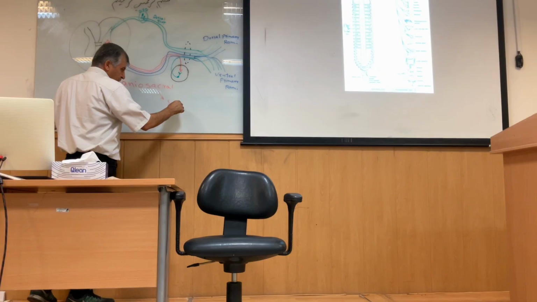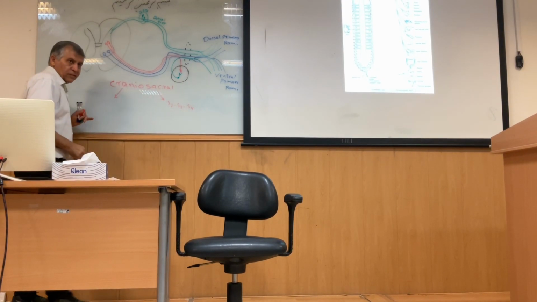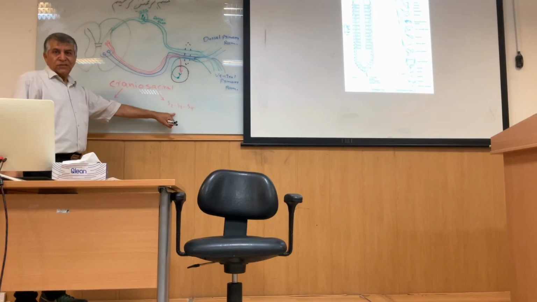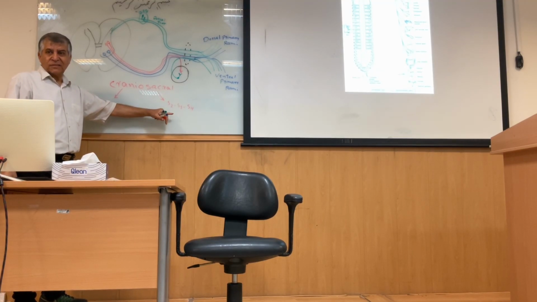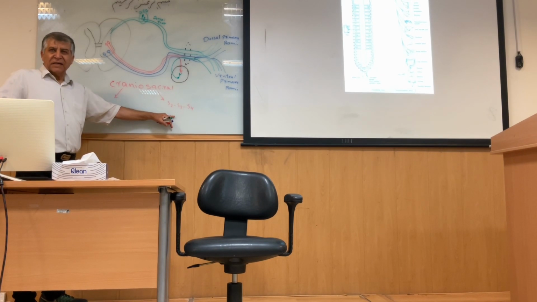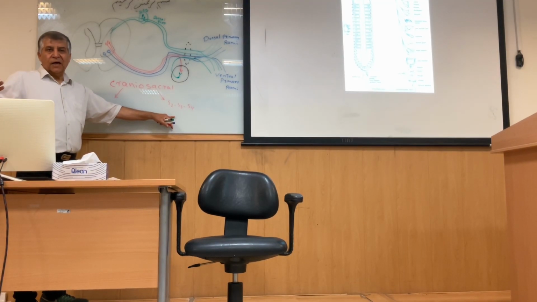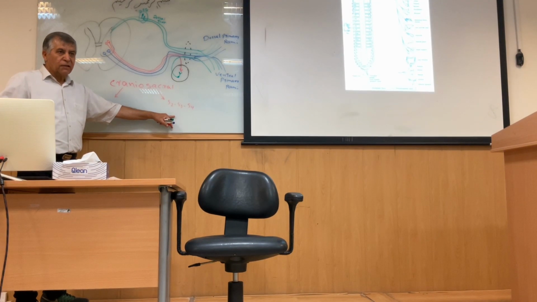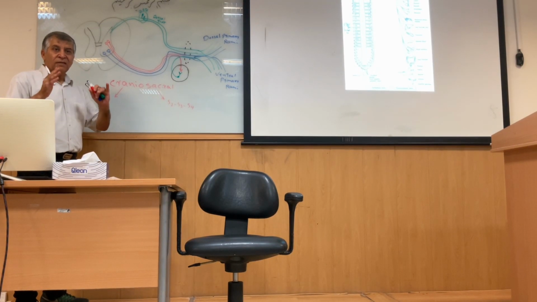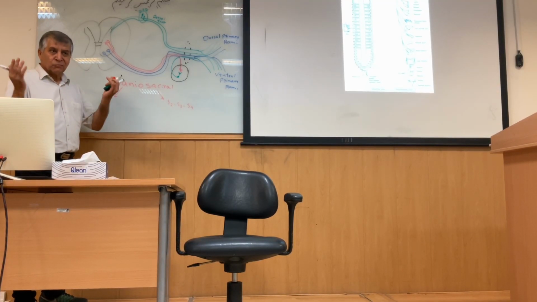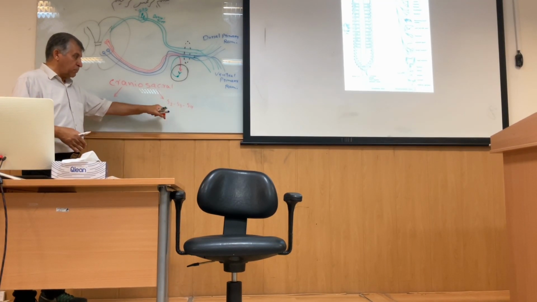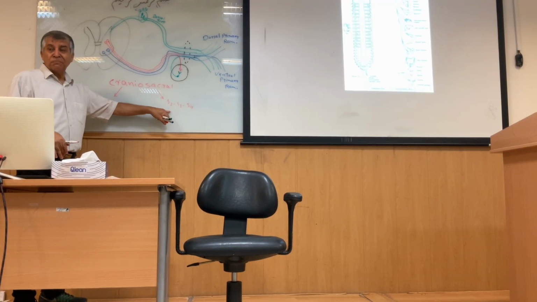S2, S3, S4. What is the function of these fibers? They innervate organs of the pelvis: rectum, uterus, urinary bladder. All of them are located in the pelvis and contain smooth muscle, which is innervated by parasympathetic fibers originating from S2, S3, S4.